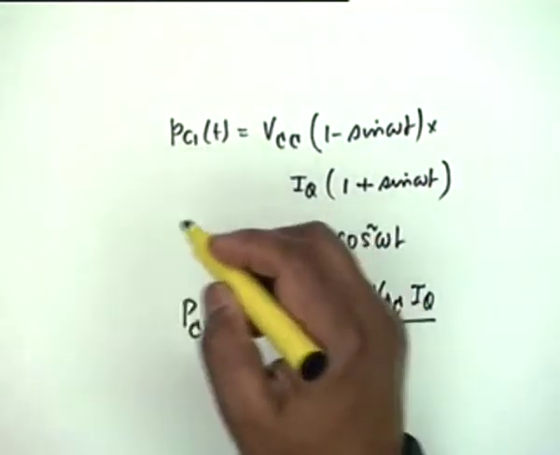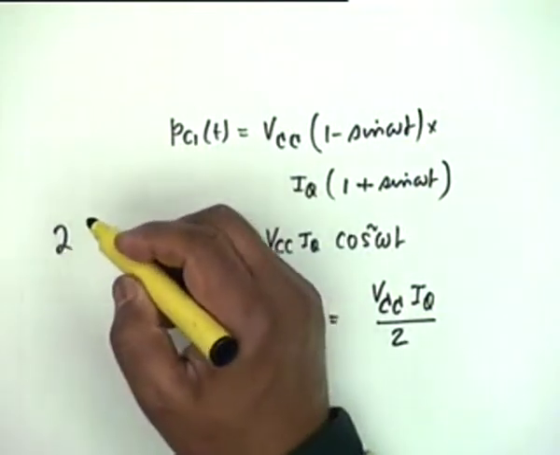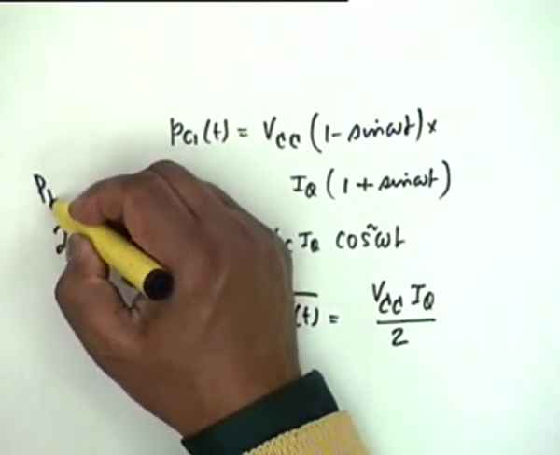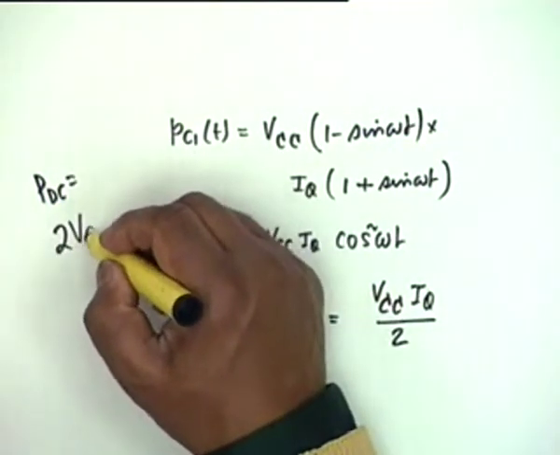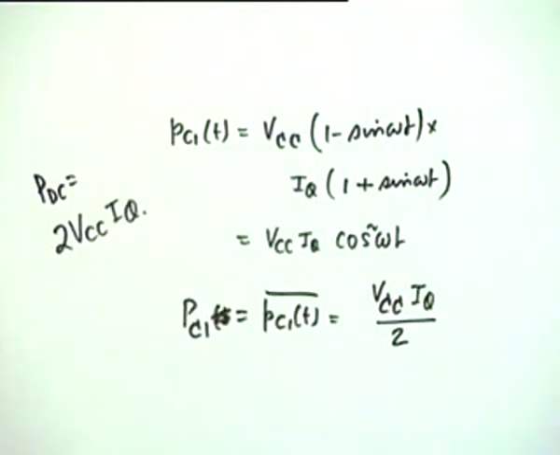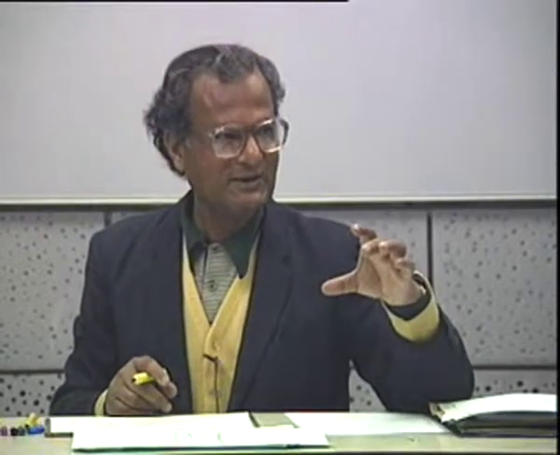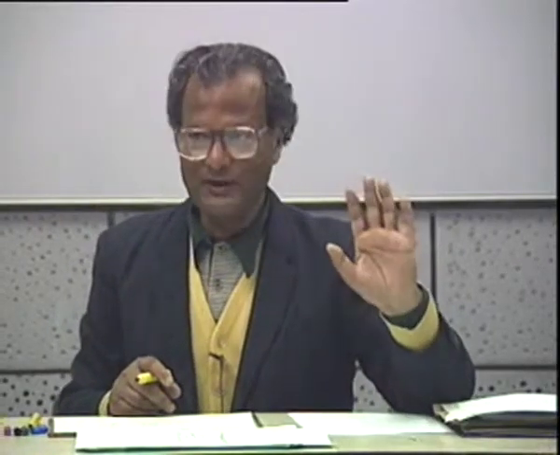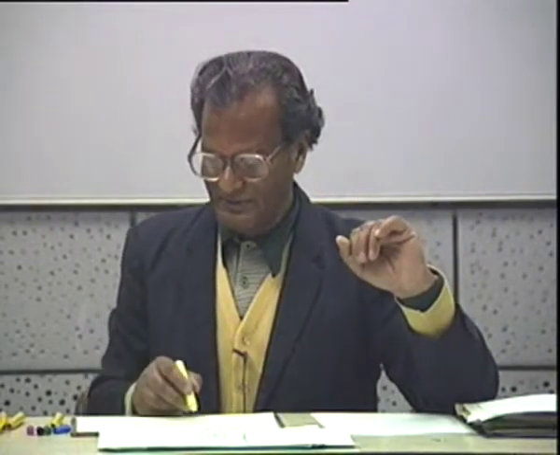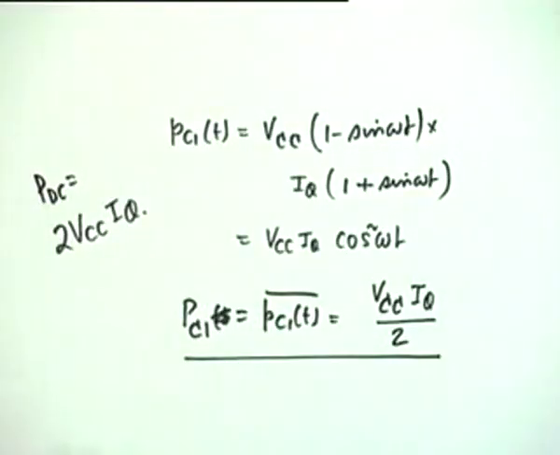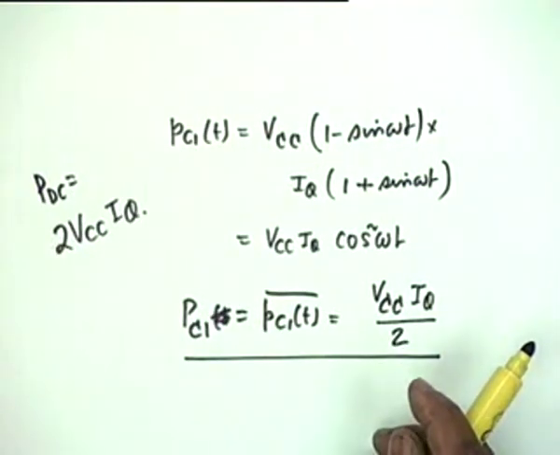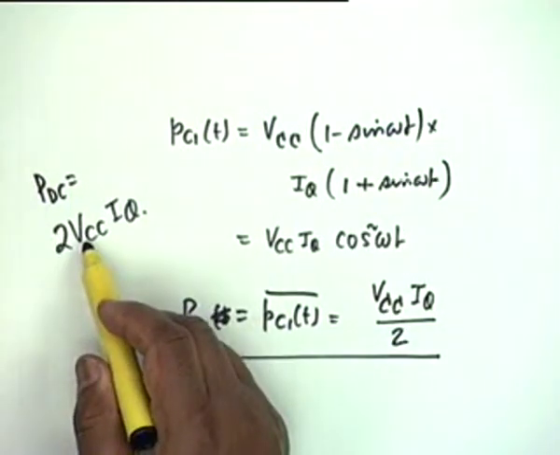Whereas what we have found out is that the total power supplied PDC is equal to twice VCC IQ. So where are the other components? We have found out the average dissipation in Q1 is VCC IQ by 2. I require another 3 VCC IQ by 2 to be able to get this figure.